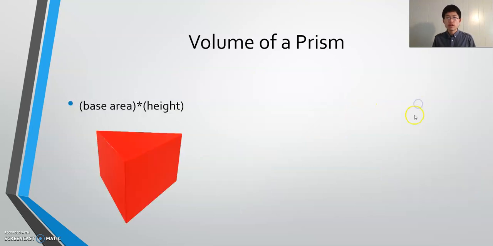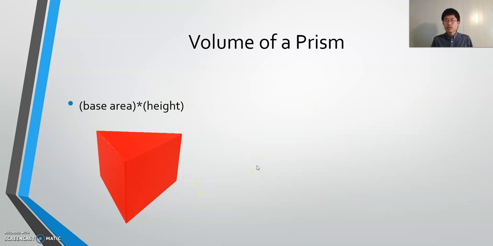Alright, let me go to the slideshow. So when you are asked to find the volume of a prism, it'll probably say base area times height. Now I didn't say length times width times height because it could be a triangular prism and you don't know where the length and width is. So you find the base area, in this case a triangle, and you multiply by its height.